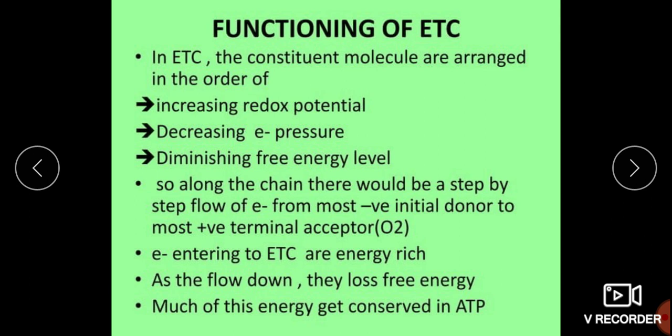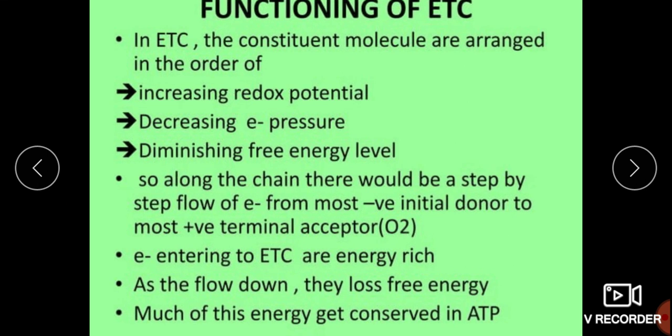Now the functioning of the ETC. In the ETC, the carrier molecules are arranged in an increasing order of their redox potential and a decreasing order of their electron pressure, diminishing the free energy levels.